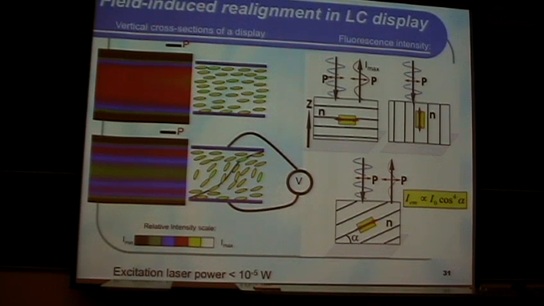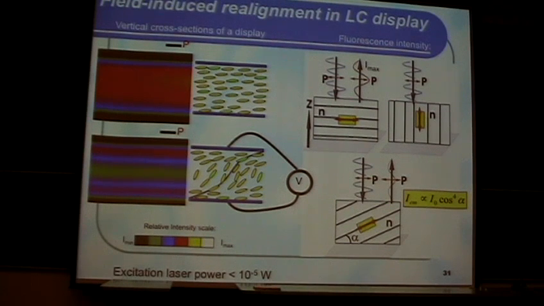However, if we have a mutually orthogonal orientation like shown here, then there is essentially no or very little fluorescent signal coming from the sample, because polarization is orthogonal to the transition dipole moment of both absorption and fluorescence.